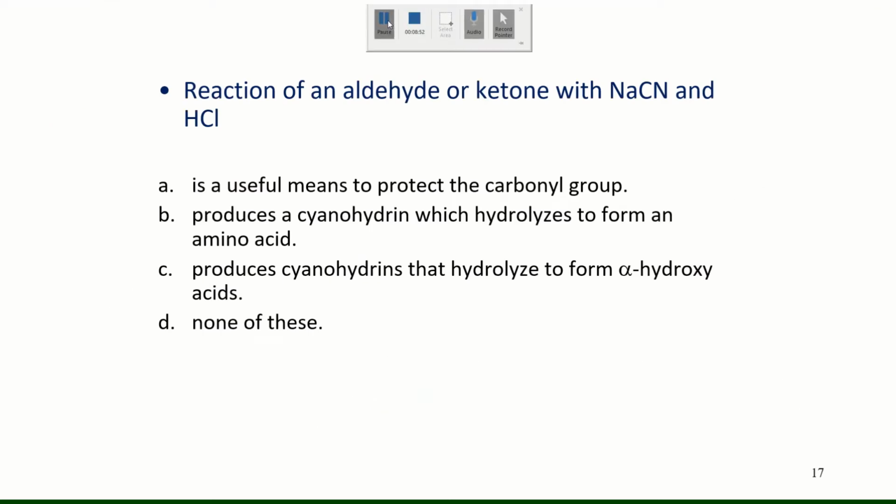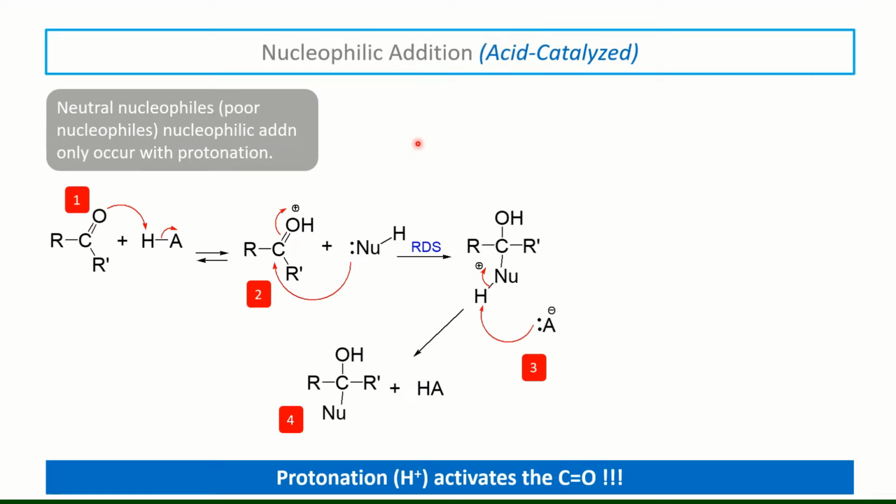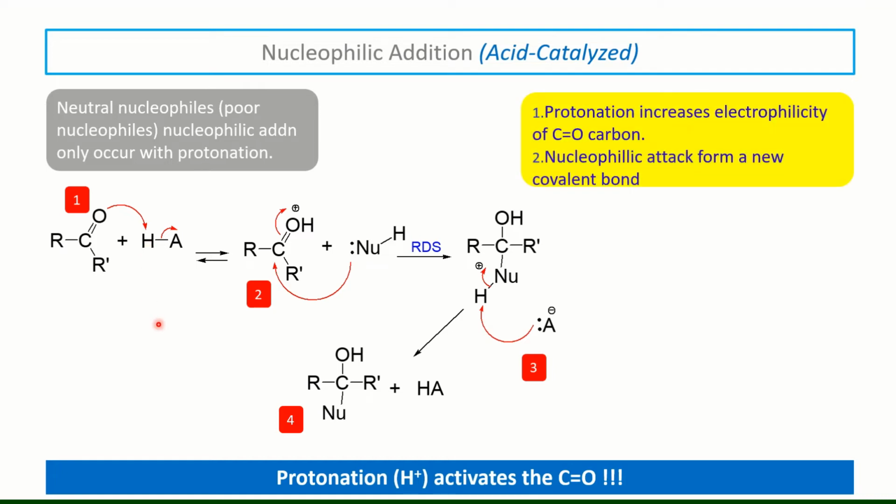Of course, you can answer this. So herein, we're looking at the acid catalyzed nucleophilic addition, and what we've done is we've protonated the oxygen, and so that has made this carbon more reactive, i.e. we've activated the carbonyl.